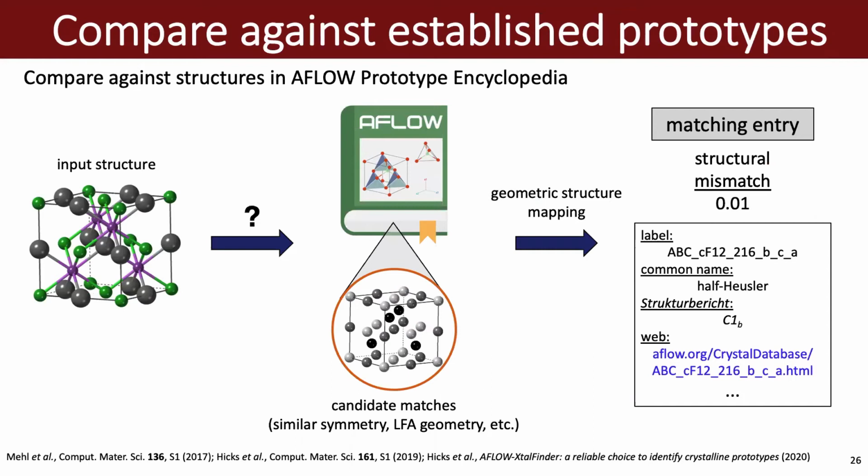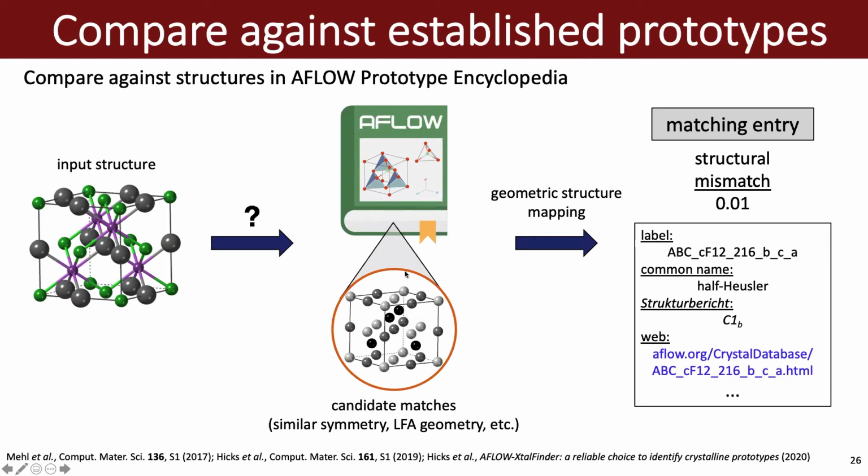So in addition to these comparison techniques, now that we have the mechanism to do so, we also wanted to go a step further and say, okay, we have all of these structures, but do they match to any established prototypes within the community? And so for instance, if we have an input structure, we want to know, does this prototype structure already exist in, for instance, our prototype encyclopedia?